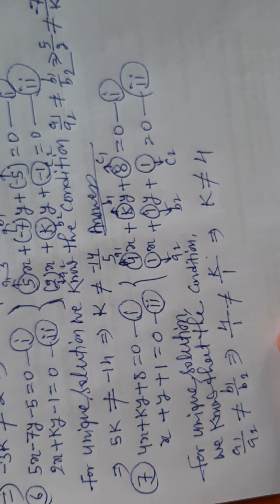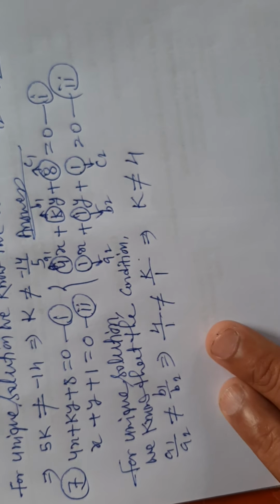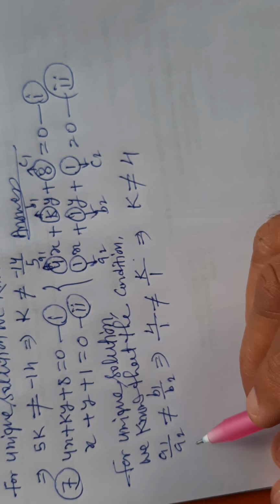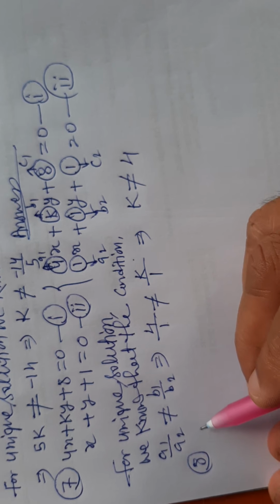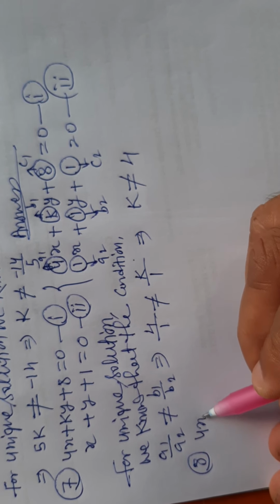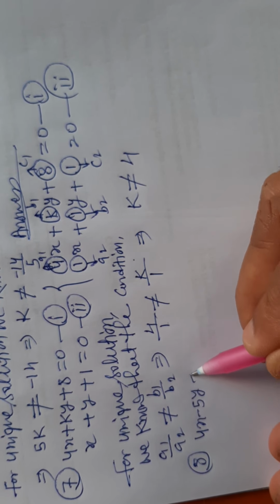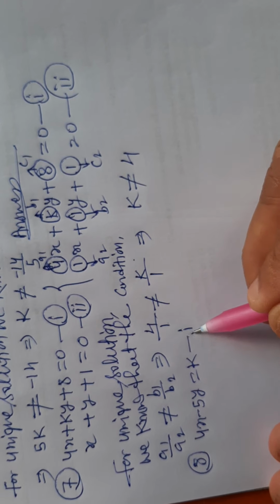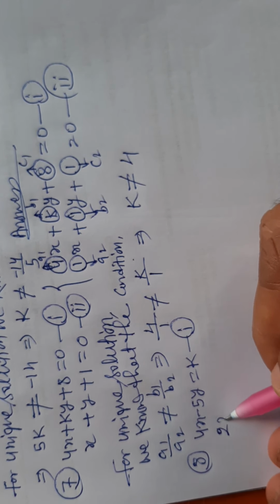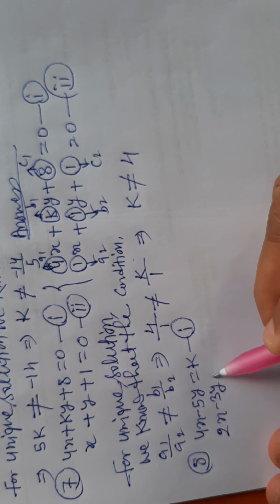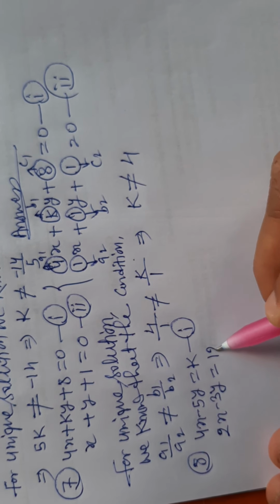Next, question number 8. 4x minus 5y is equal to k. Equation 1. And equation 2, 2x minus 3y is equal to 12.